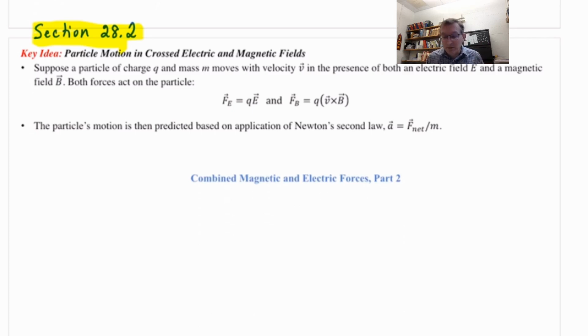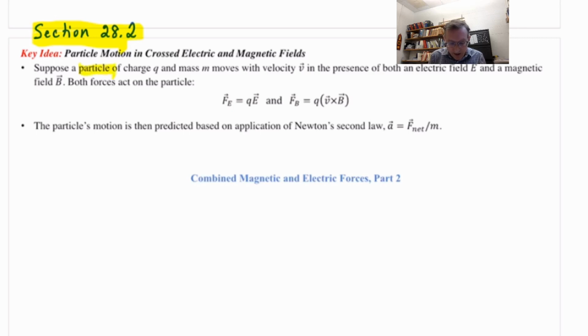Now we know that the way we predict motion is using Newton's second law, or some related and similar idea, like a conservation of mechanical energy. And so we're going to use here Newton's second law, and force formulas we now know for both electric force and magnetic force.